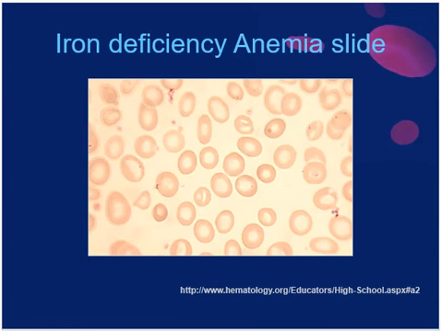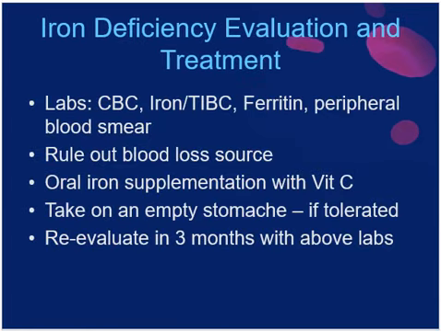So how are you going to evaluate your patient if you have concerns for iron deficiency? The first thing that you need to order is a CBC. That's going to give a lot of information. We're going to look at some of those labs in a moment, but you also want to check an iron and a TIBC. You want to order a ferritin, and you might possibly want to order a peripheral blood smear.